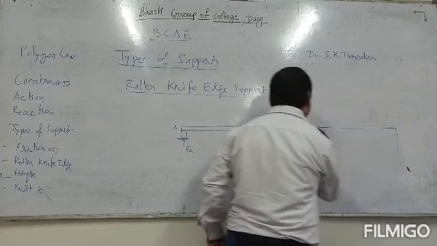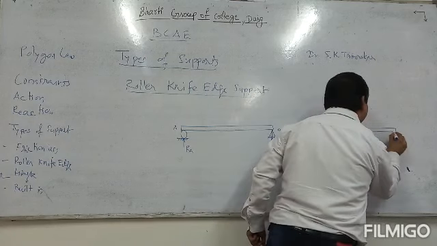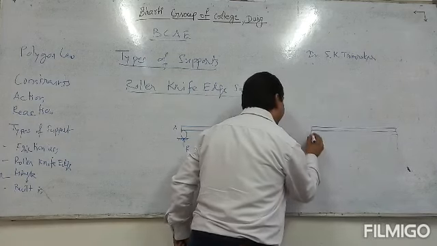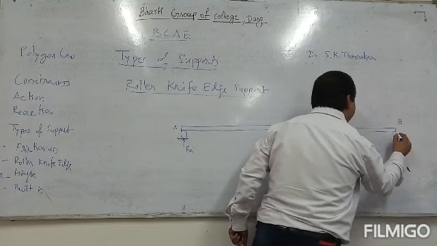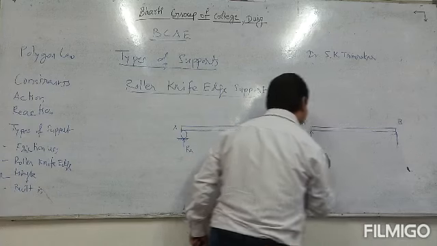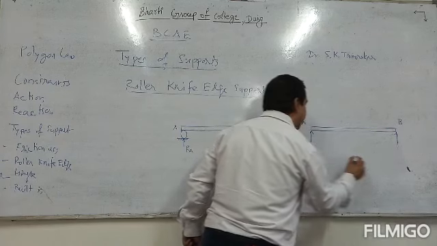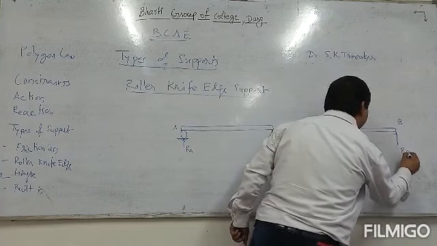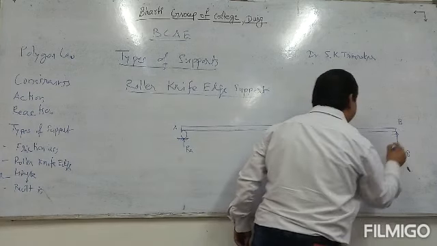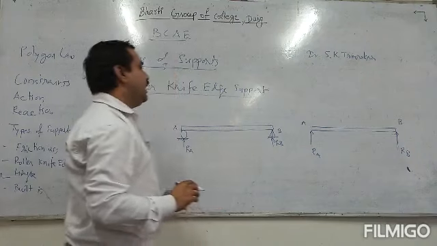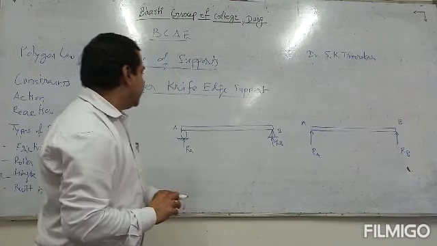Here this beam is supported on knife edges at points A and B. Here the reactions are RA and RB. So this beam cannot go in the downward direction, and these are the reactions.